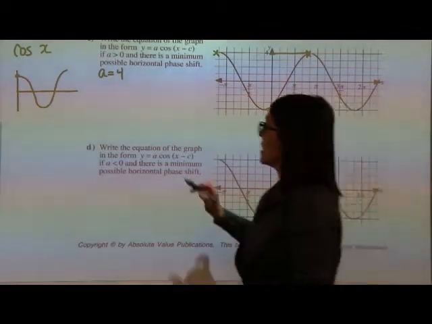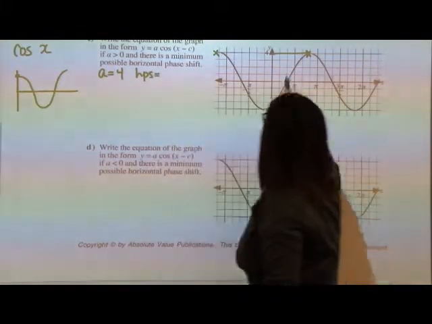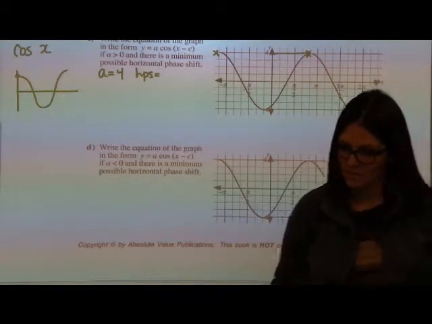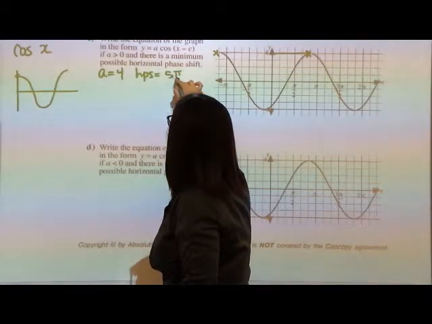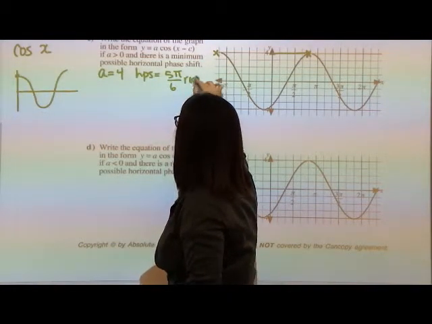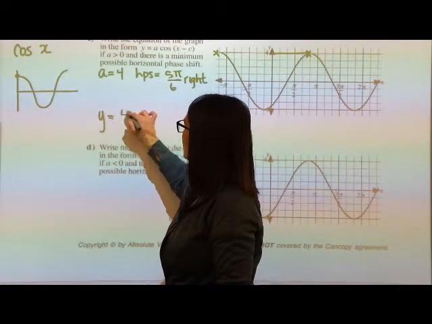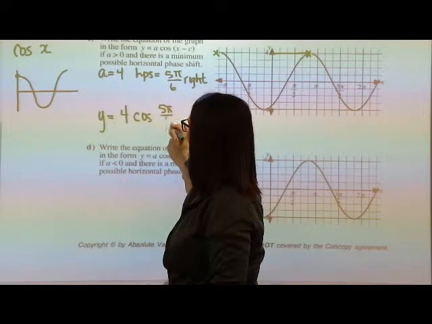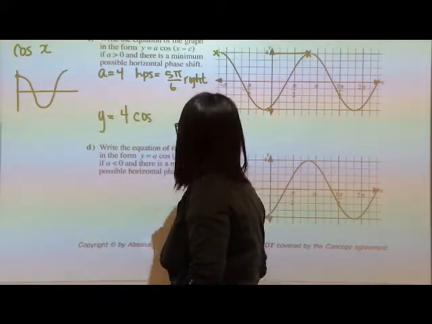So how many units did I do that horizontal phase shift? 5 pi over 6. And that was to the right. So then my equation becomes y equals 4 cos of x minus 5 pi over 6.